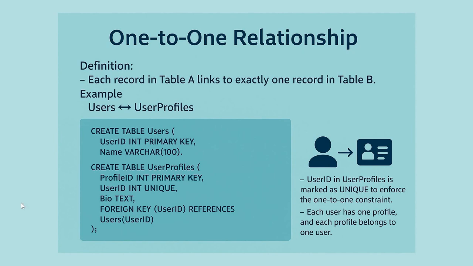By first writing user ID, integer, and this is unique, even in the profiles table. And we can add the foreign key and reference this user ID to the user ID in the users table. And this is how to convert the one-to-one relationship using SQL.